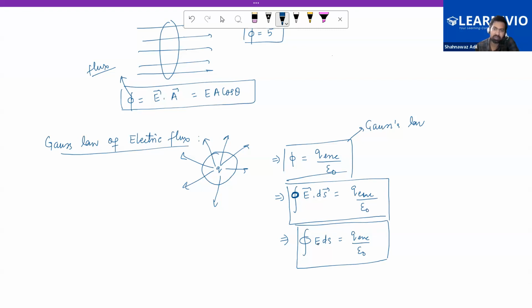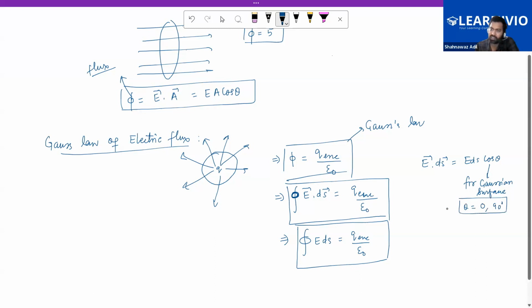If it is 0, then this would be simply EDS, because E dot ds is EDS cos theta. And we take the Gaussian surface in such a way that theta is either 0 or 90. So this simplifies it, and that is how we use Gaussian surfaces, right? So these things you have already understood, right?